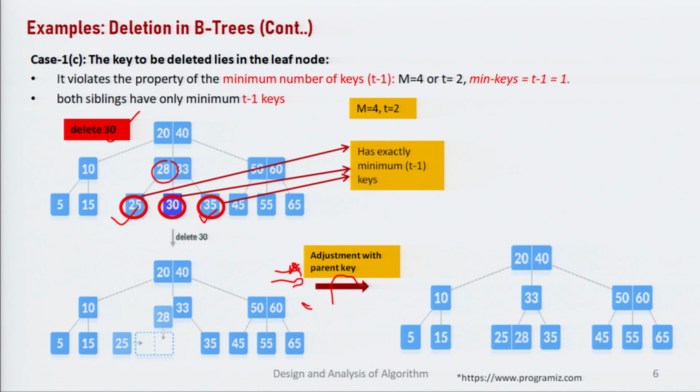Just see here, in this case the parent has only one key. In the previous case it had two keys. We know that the B tree property says that if any node has k keys, it should have k plus 1 child nodes, meaning the number of child nodes should be one more than the number of keys. Just see here, this node has two keys, so this node has 3 child nodes.